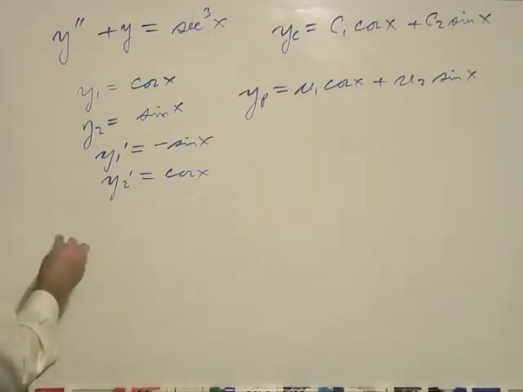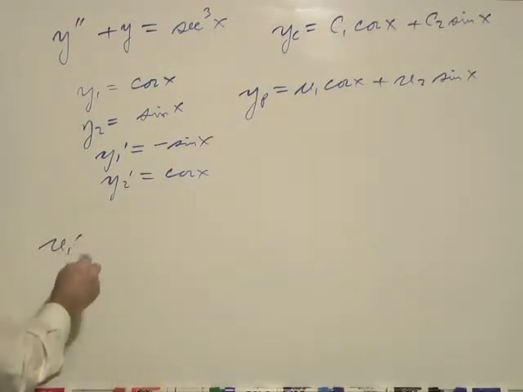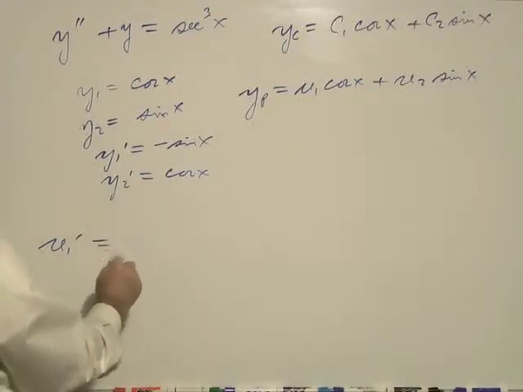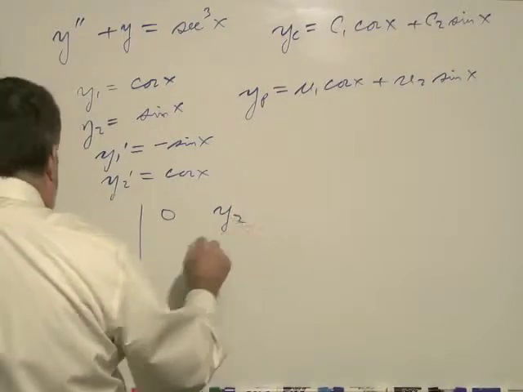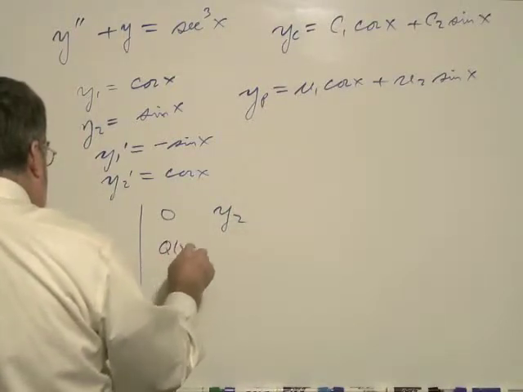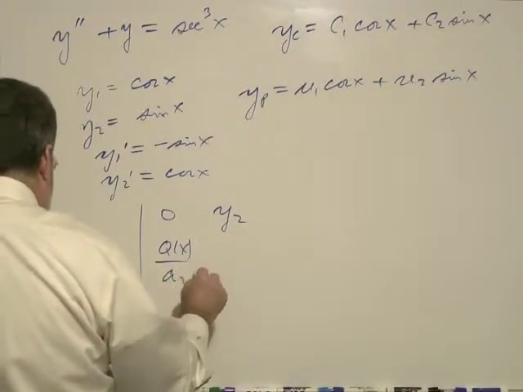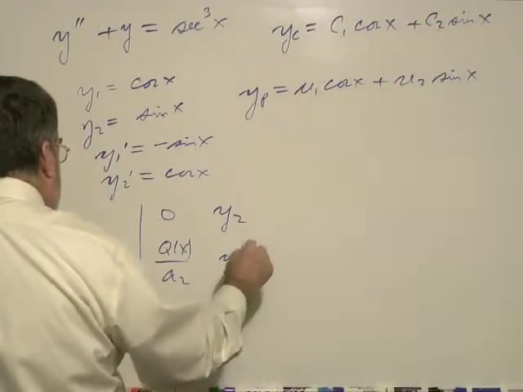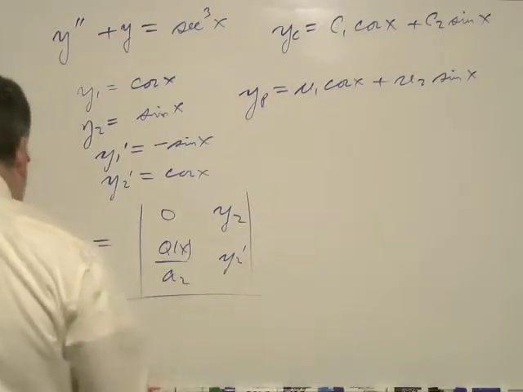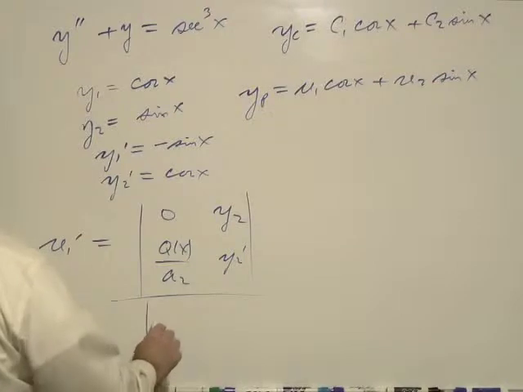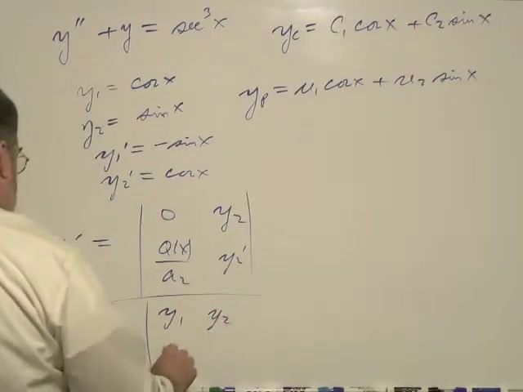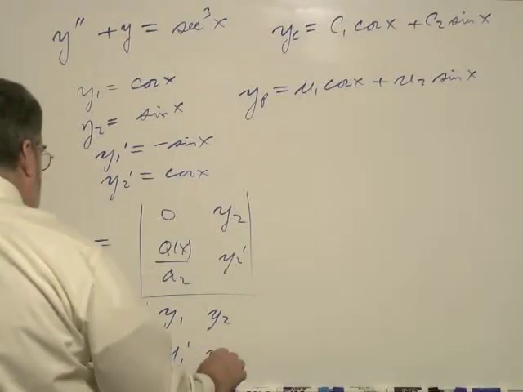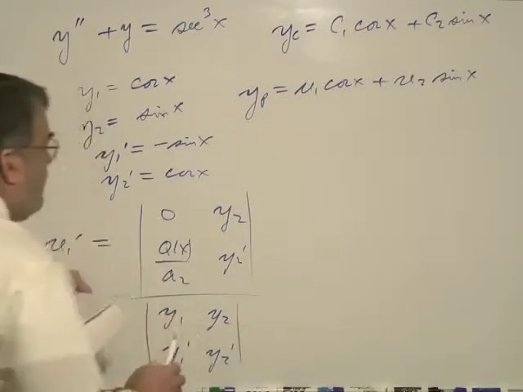There we go. So I think we have about all the ingredients, and the formula that we derived for u1 prime, so let's solve one of these at a time. u1 prime is going to be the determinant with 0, y2, q of x over a2, y2 prime, divided by the determinant y1, y2, y1 prime, y2 prime.